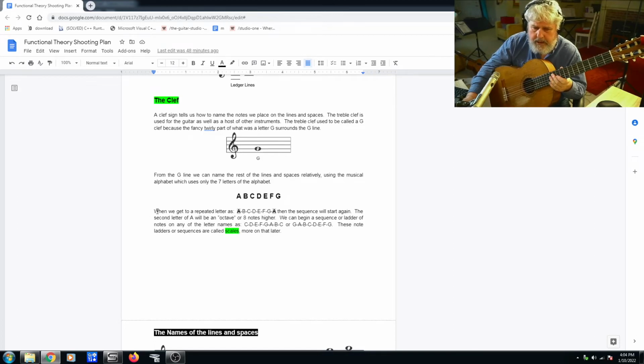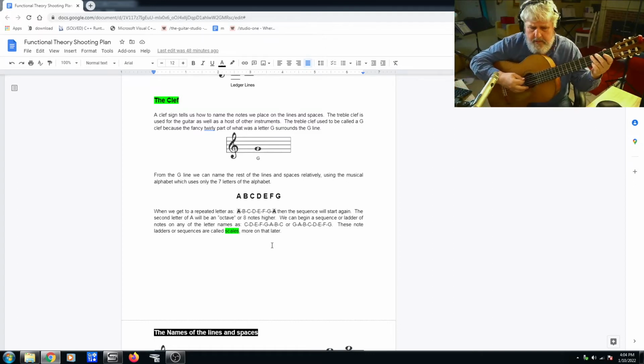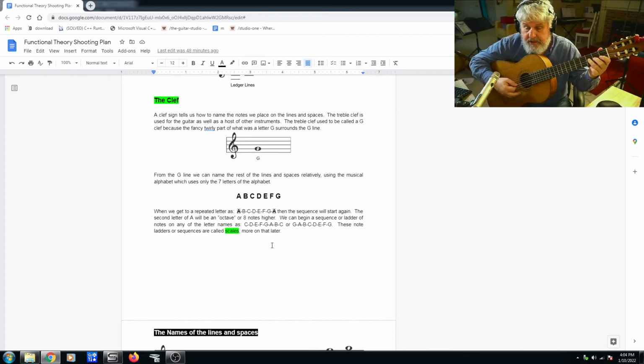If we were to play, for instance, a C major scale, the notes would be C, D, E, F, G, A, B, C. Just exactly the same letters, except the sequence would be starting in a different place. If I were to play it, right, C, D, E, F, G, A, B, C, and back.